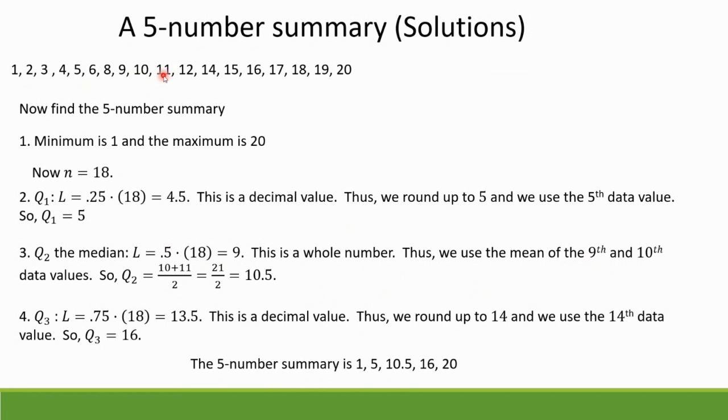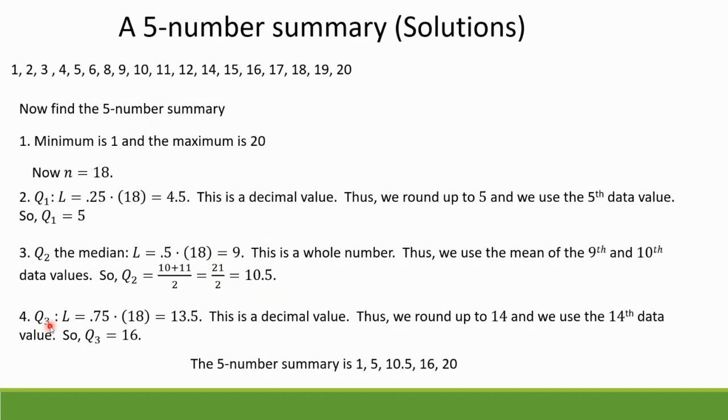Now, excuse me, 10, which is 11. Sorry, I got messed up. So we have the 9th and 10th data values, which are 10 and 11. We need their average down here. So we get 10.5. That's the median.